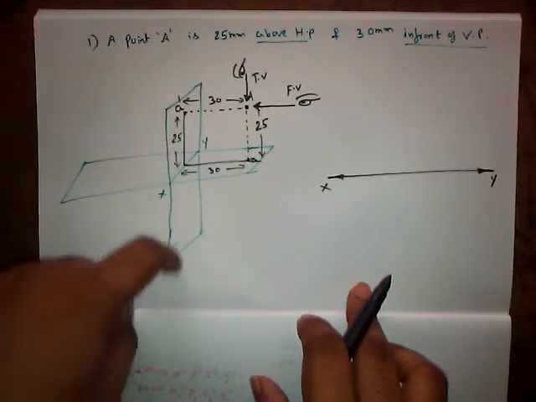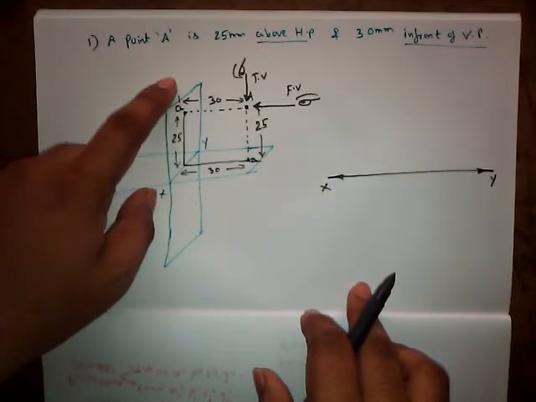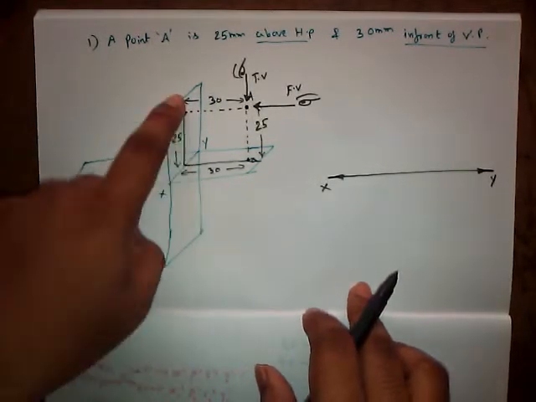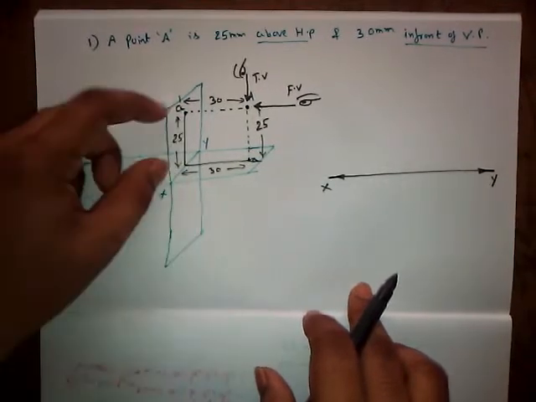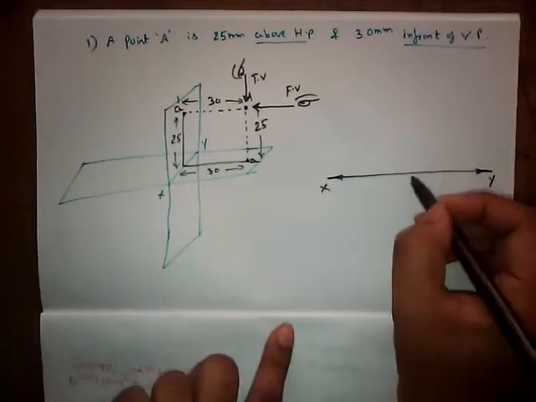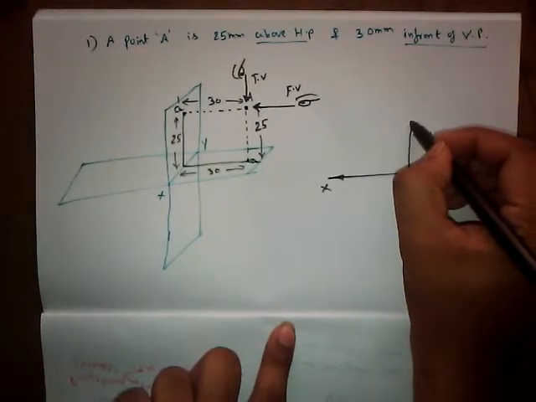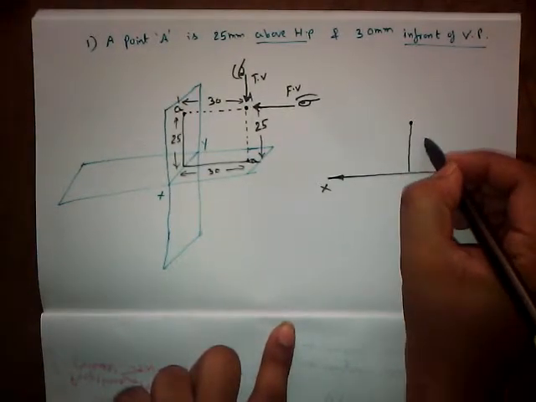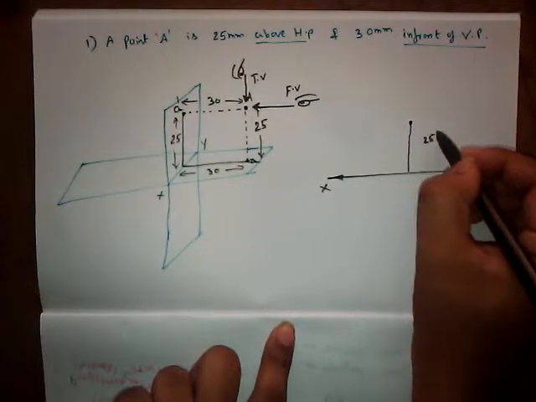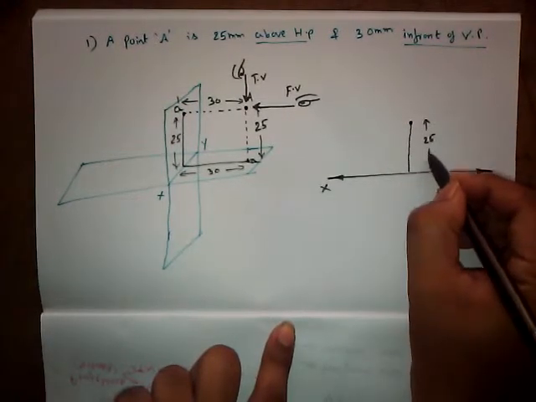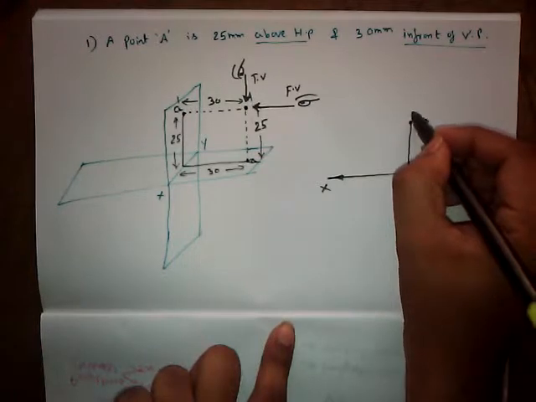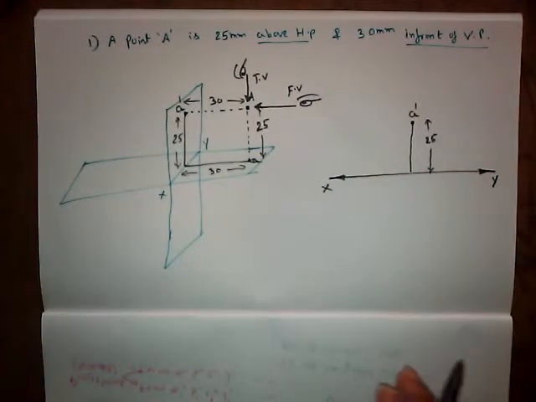On the vertical plane we have the point known as A dash, and this A dash is present above the XY reference line. So from the XY reference line, what is the distance? 25 mm. So from the XY reference line we need to take a point at a distance of 25 mm, and the name of the point is A dash.